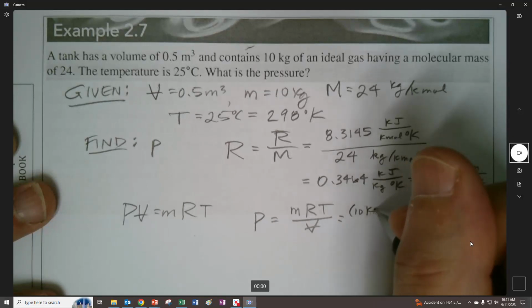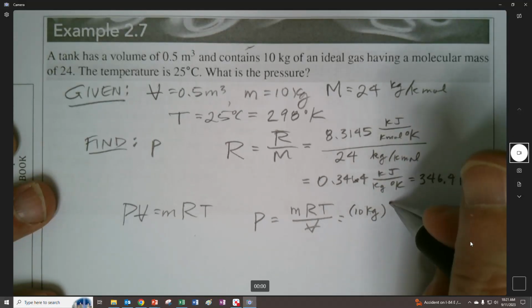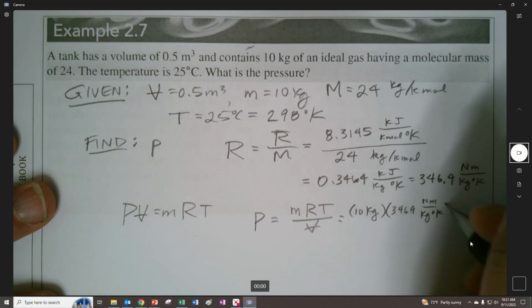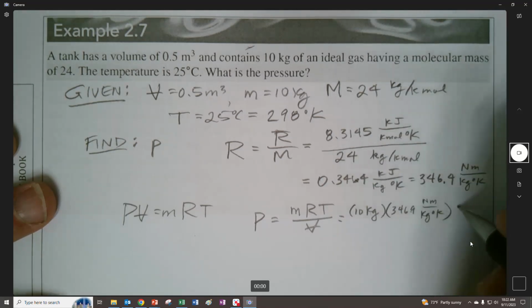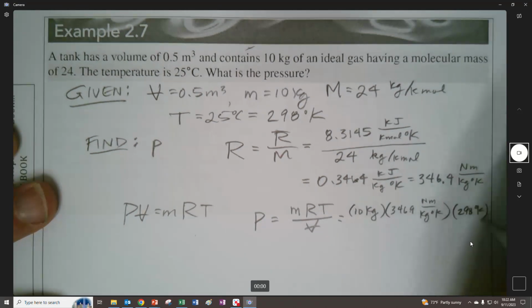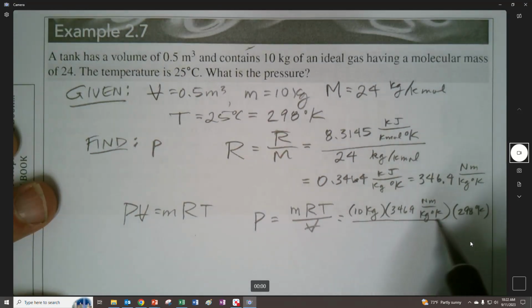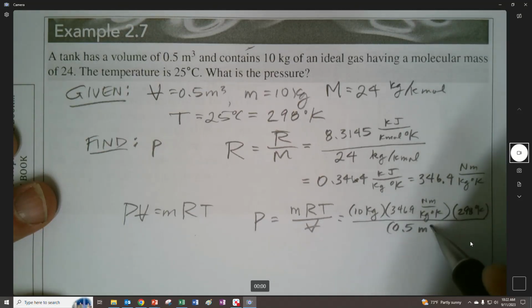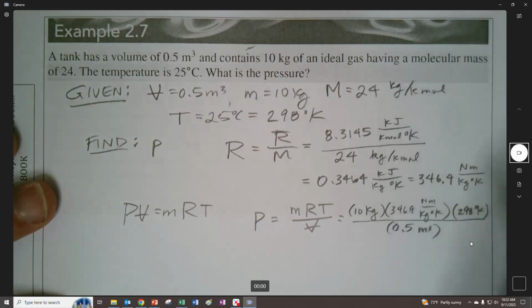So maybe we won't. Kilograms are 346.9 Newton meters per kilogram degree Kelvin times the temperature, 298 degrees Kelvin, divided by 0.5 meters cubed.